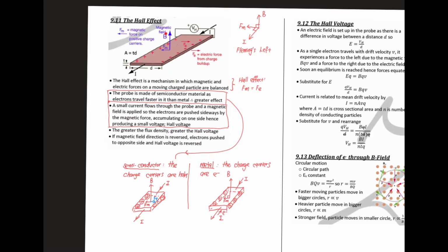Then next one, if the magnetic field direction is reversed, that means you change your B downwards, and then your Fm will act in the opposite direction, which is to the right, and then the positive charge will gather up at this side. If you are using a semiconductor, the holes are gathered up here, and then the negative will be the other side, and then the electric force, the electric field will act to the opposite side also.